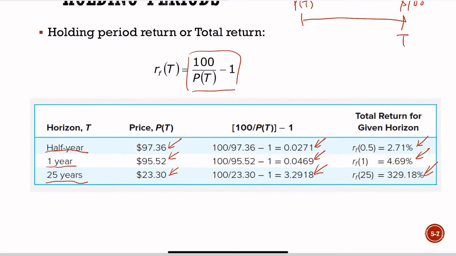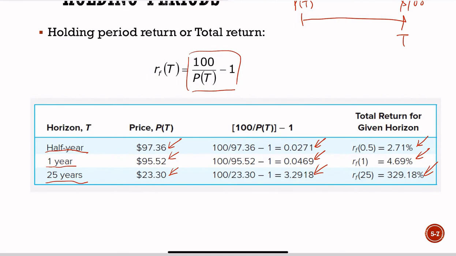Across these three different investments, we have very different numbers. For this 6-month investment, the total return is 2.71%. For this 1 year investment, the total return is 4.69%. And for this very long 25-year investment, the total return is 329%.